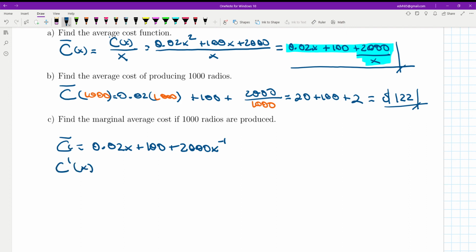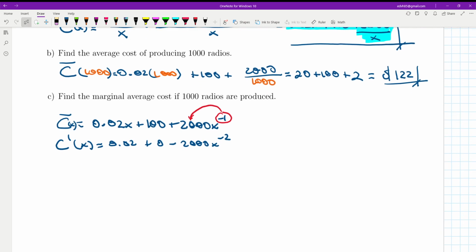And c bar prime of x. I forgot to put the bar here, it's fine anyway. That's 0.02 plus the derivative of 100, which is 0, minus 2000 x to the negative 2. Where does the negative sign come from? Negative 1 multiplied by the coefficient in front of x gives us that negative.